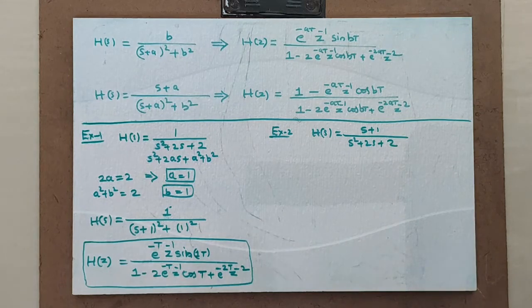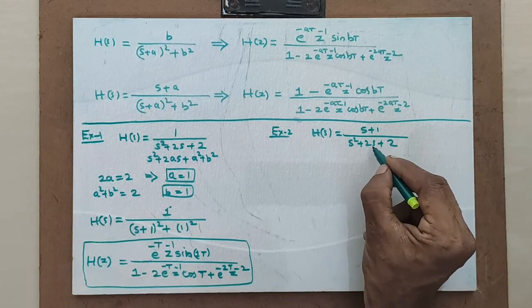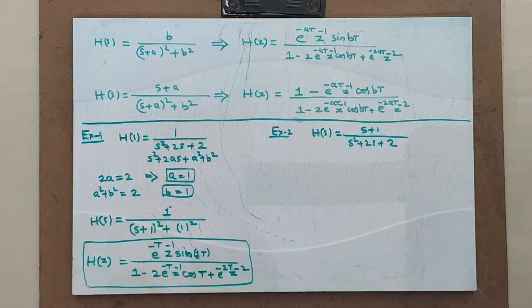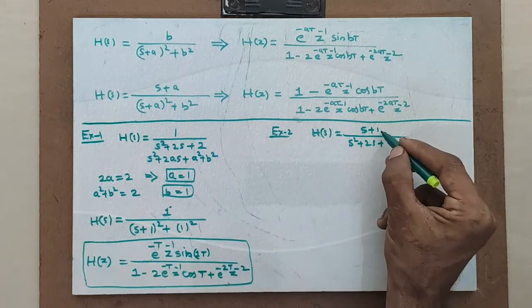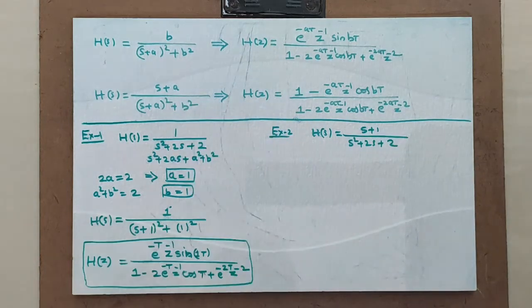What happens? This equation you will take as s square plus 2as plus a square plus b square, and you will derive out a and b. Once you derive a and b, you will apply it. But what kind of h of s is given? It is of the standard form s plus a divided by s plus a whole square plus b square, isn't it?